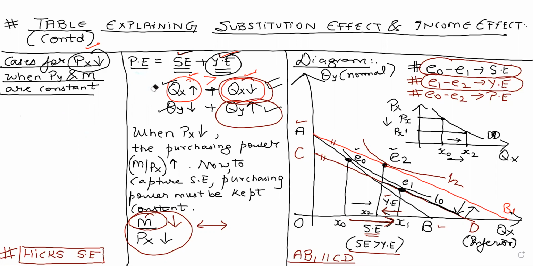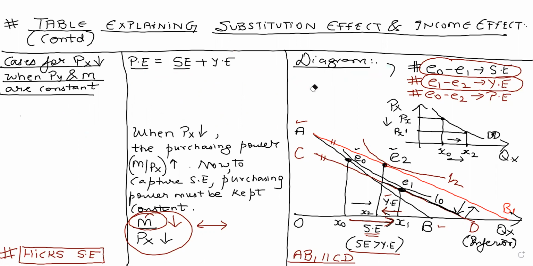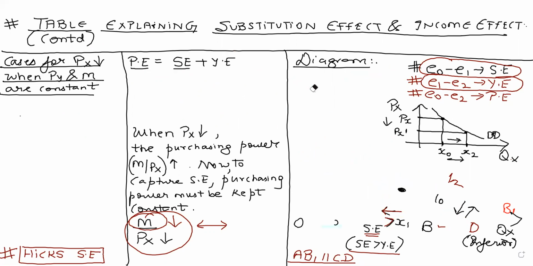So I am first erasing all the irrelevant portions before starting off with the next case. Now you can see everything else is remaining the same. Now the case we are having is when good X is a Giffen good and good Y is a normal good.